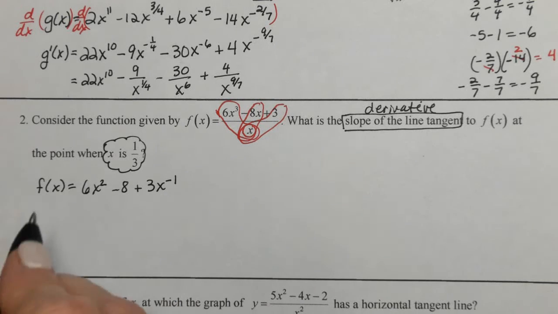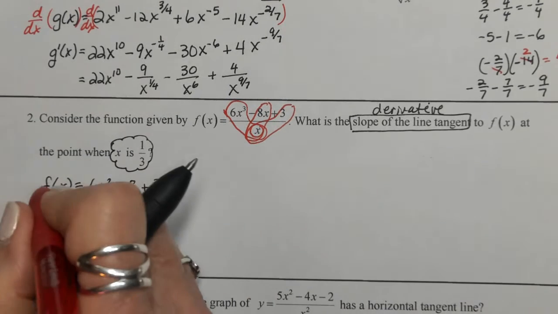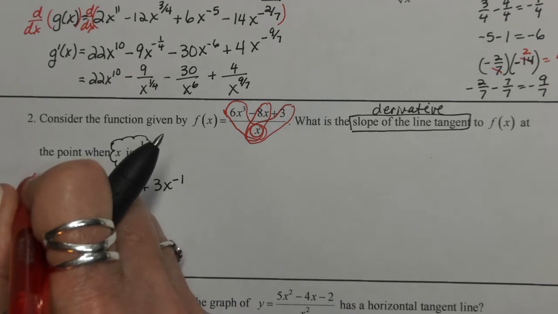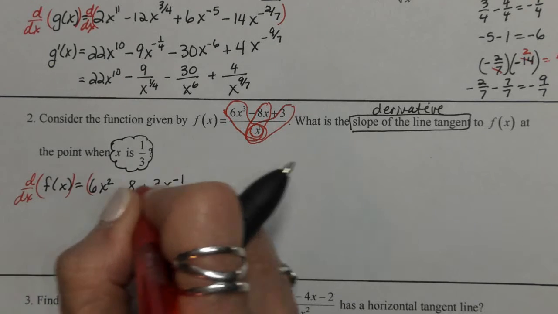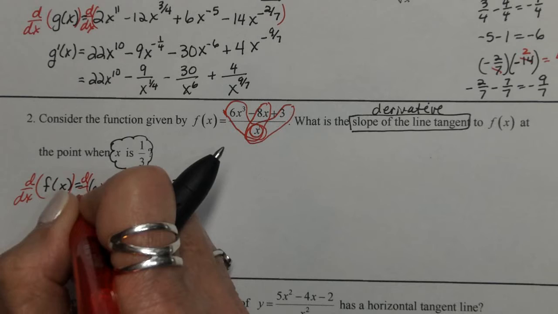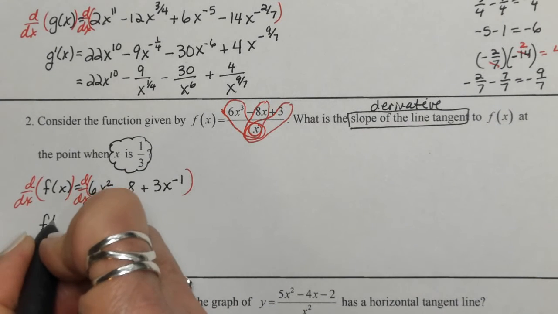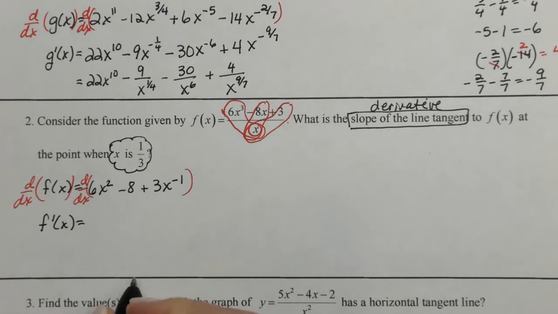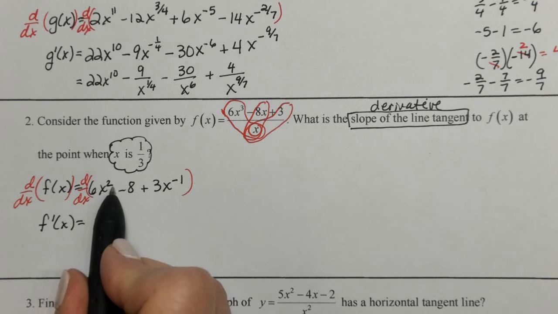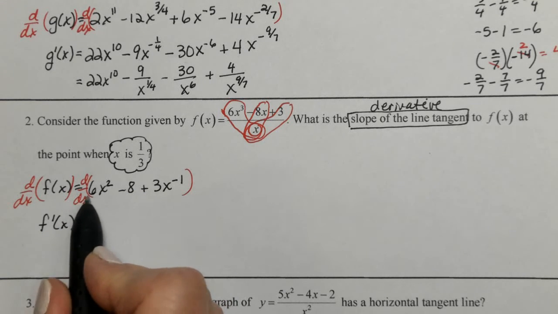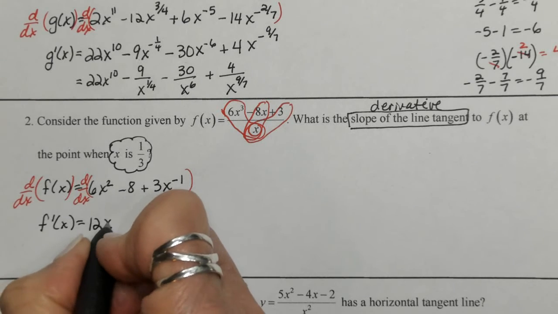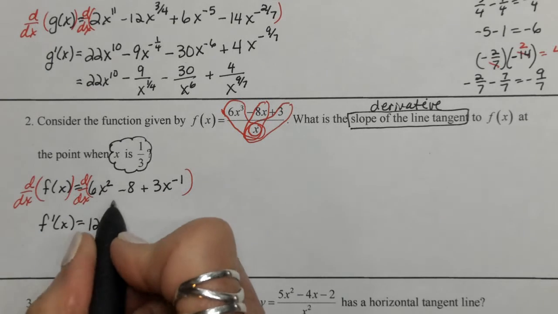So now that it is in that form, I'm going to take the derivative of both sides, reiterating what I'm doing. I am taking the derivative of both sides with respect to x. And I will get f prime of x is equal to, okay, exponent times the coefficient, keep your x, reduce your power by 1.